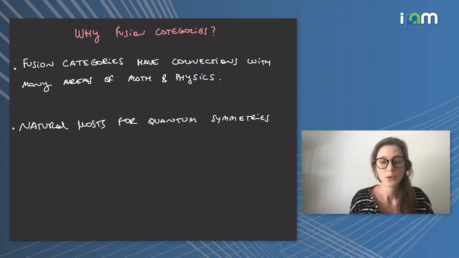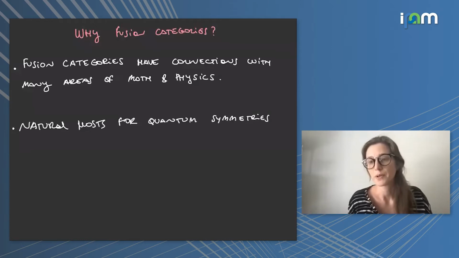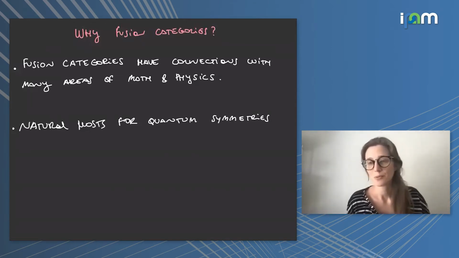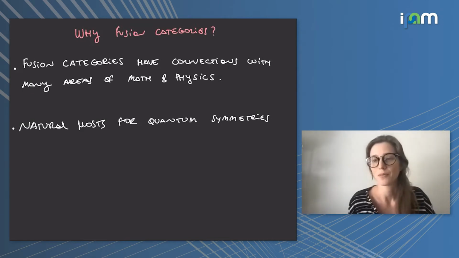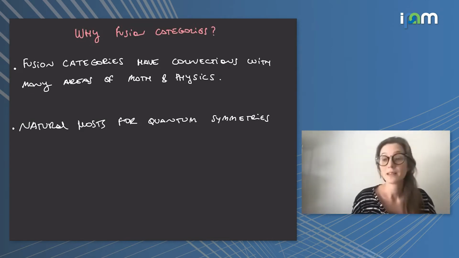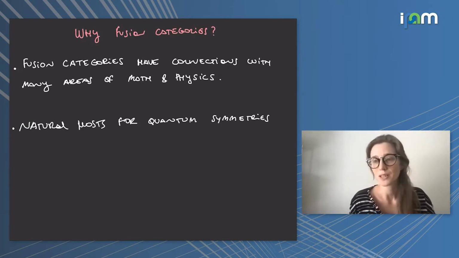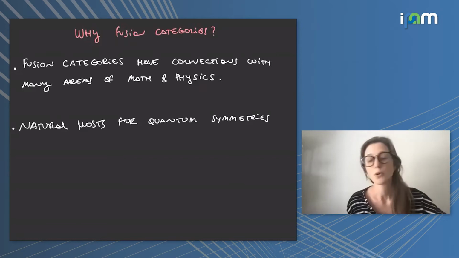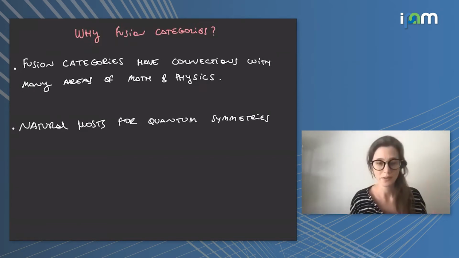It's related with representation theory of various things, quantum groups, Hopf algebras. On the more analytical side, we have connections to subfactors and von Neumann algebras, links and knots invariants on the topological side, and also physics. It has connections to topological phases of matter and topological quantum computing, among other things.